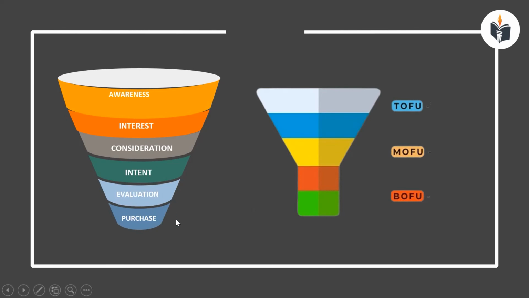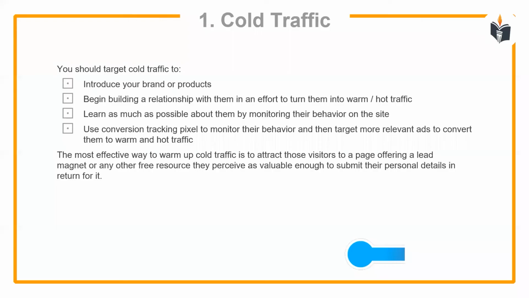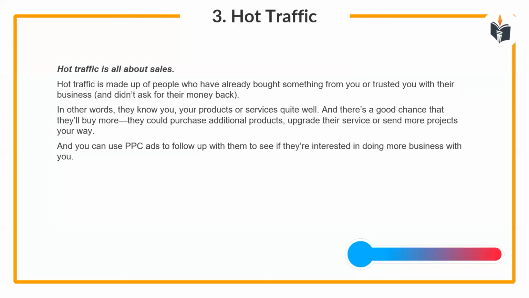So here in this phase, you are a warm traffic, hot traffic, right? Because you have already shown interest in buying and doing more business with them, right? That means you're asking them for their products, right? So this is how you turn from cold to warm to hot traffic, right?